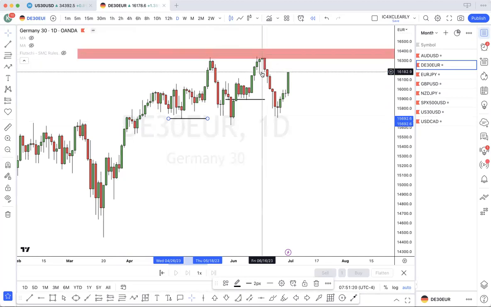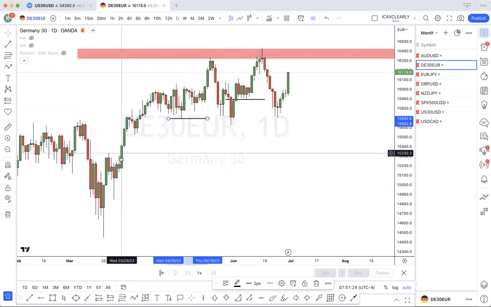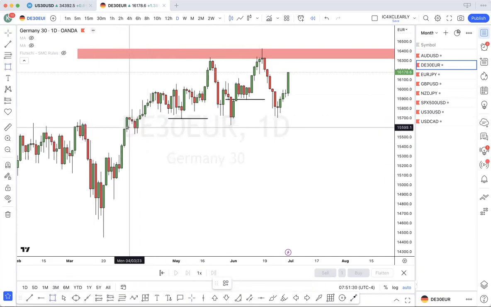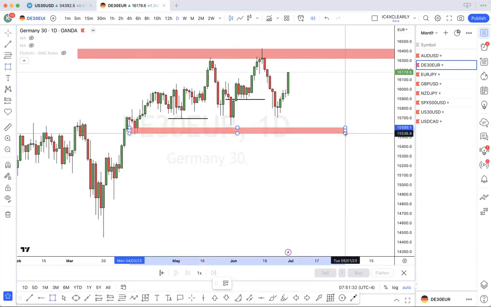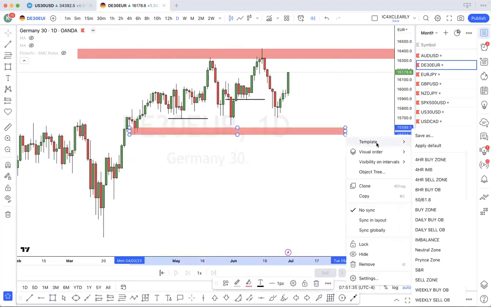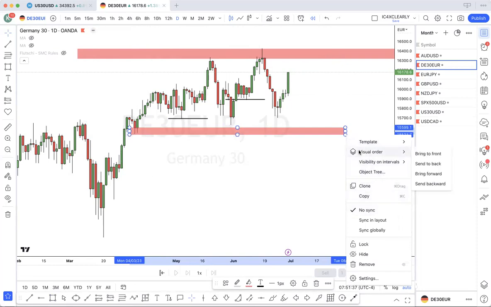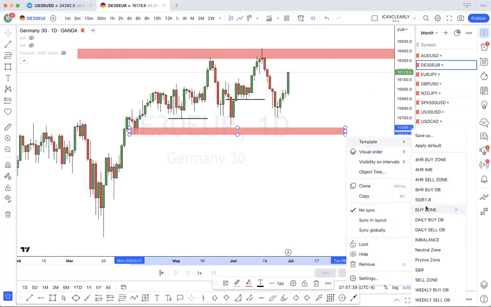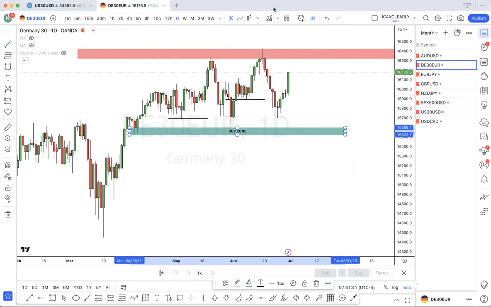So as of right now, I would say buy until you can't buy anymore. With this impulse move here, I would mark up this zone.